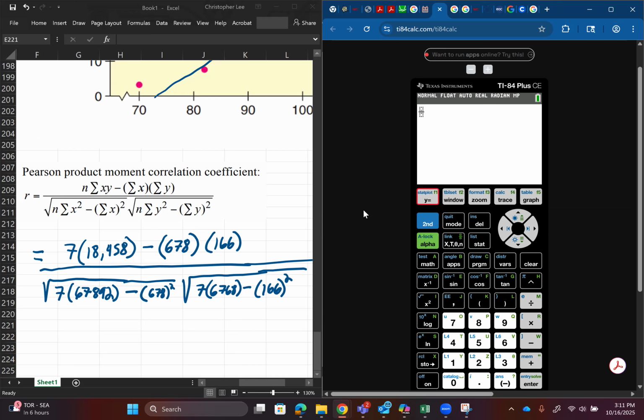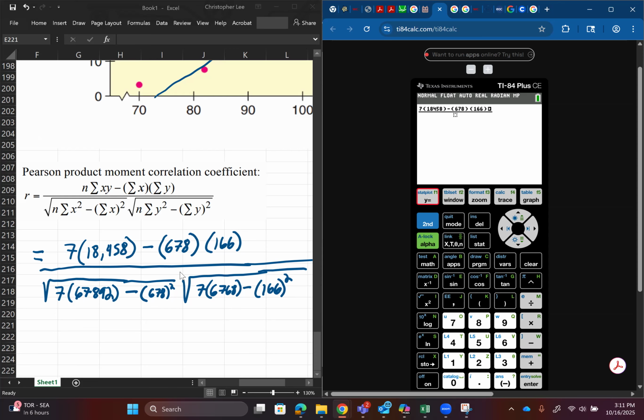Then you just type it in the way it's written here: 7, open parentheses, 1, 8, 4, 5, 8, close parentheses, minus, open parentheses, 6, 7, 8, close parentheses, open parentheses, 1, 6, 6, close parentheses.